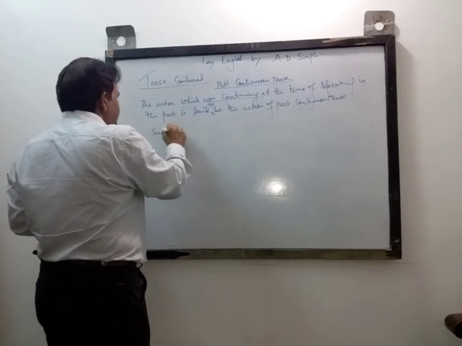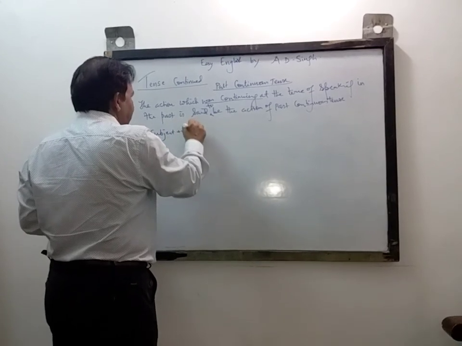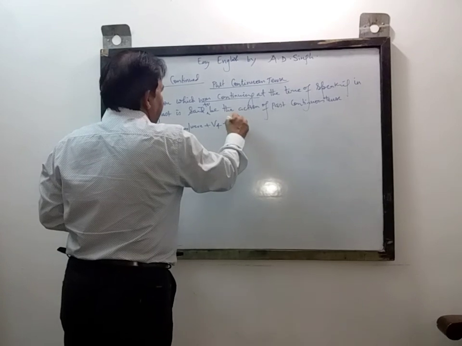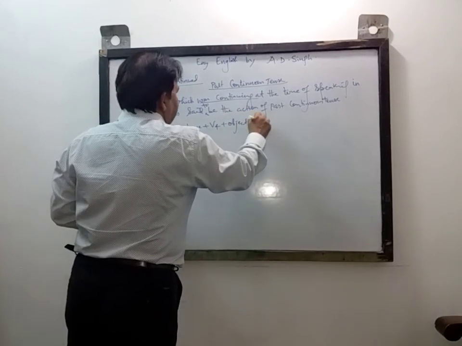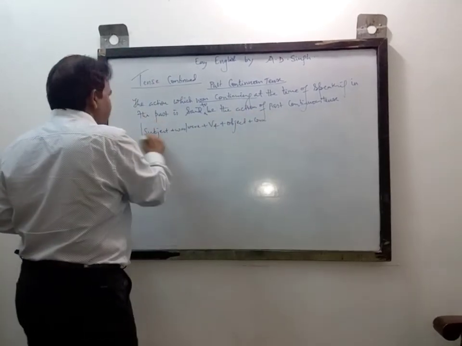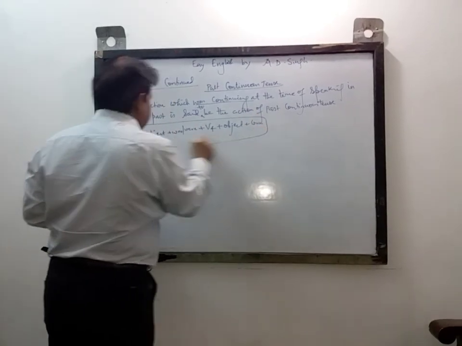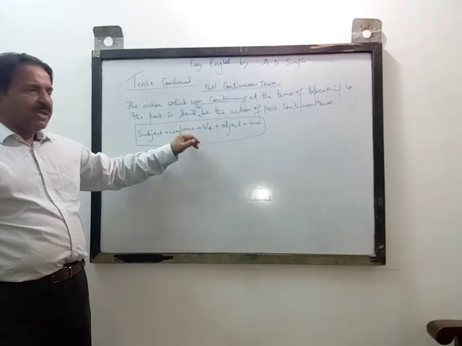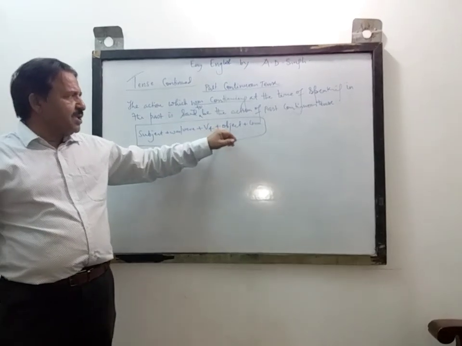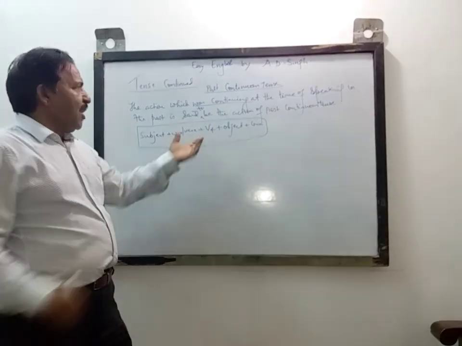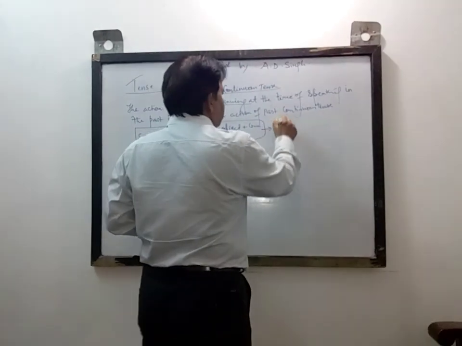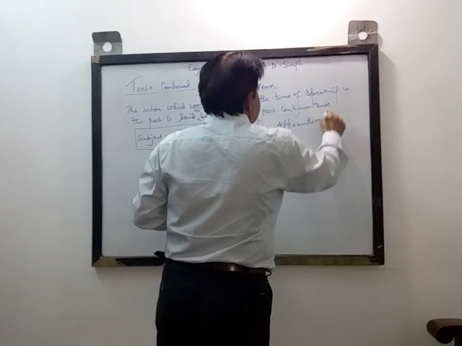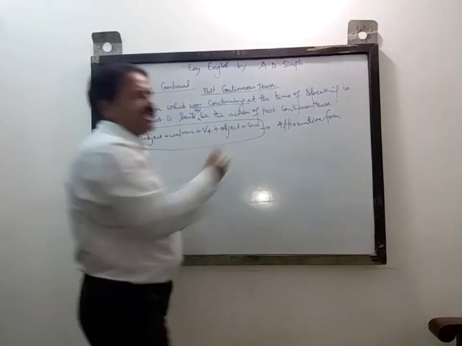Subject plus was/were plus V4 plus object plus complement. This is the affirmative form of past continuous tense. Okay? Let us write some examples of this kind.